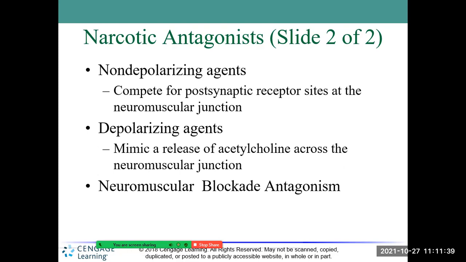And we have depolarizing and non-depolarizing, which act in opposite ways. They help the muscles not be able to contract, and then at the end of the case, they're given to help the muscles contract again so muscle use can be restored. And again, we talked about neuromuscular blockade antagonism, to interfere with pain signals, and it helps with post-op pain.